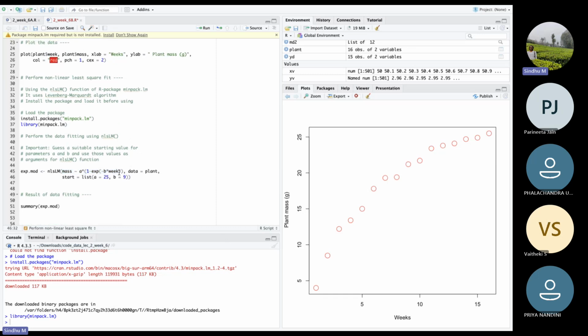Week is the independent variable and we have two parameters in the model, a and b. And this a we are guessing as 5 here because, as you can see, the starting value is around 5. When this term is initially 0, the value should be 5 based on the plot that we have here.